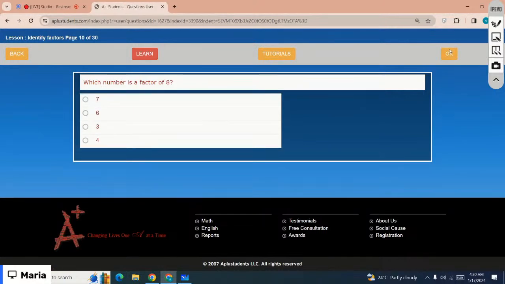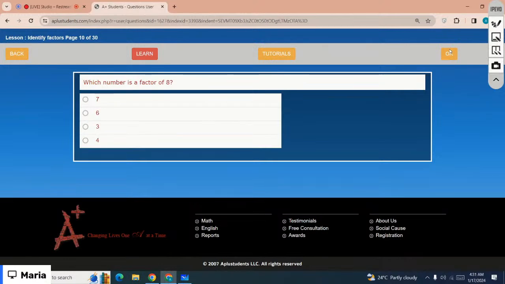Which number is a factor of 8? Which is the correct option?